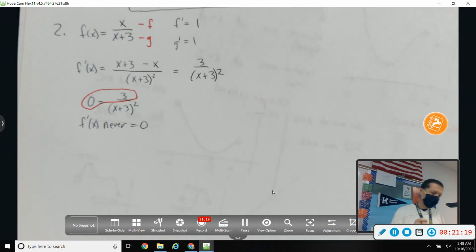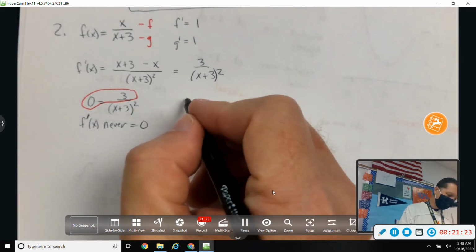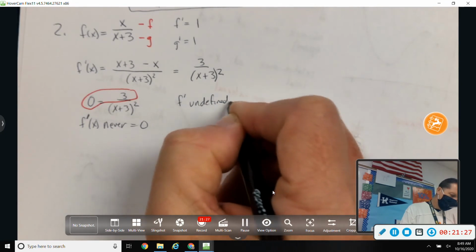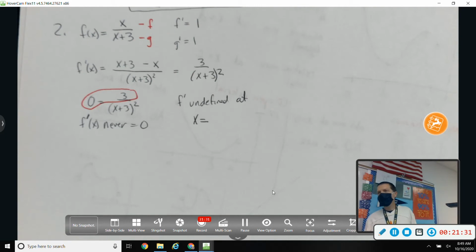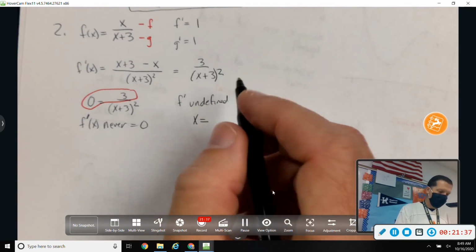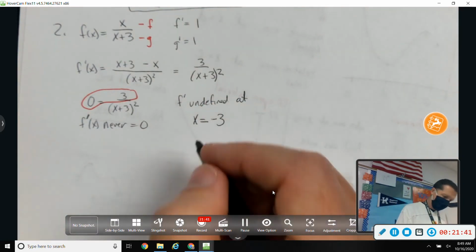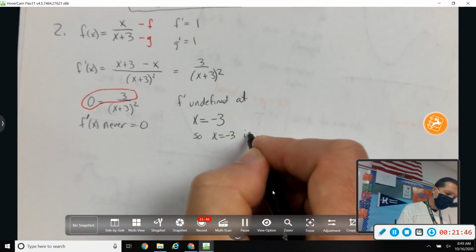There's no x value that will make that work. But it is undefined at x equals, what value of x makes that blow up? What makes it not work? Negative 3. So that means that negative 3 is a critical number.